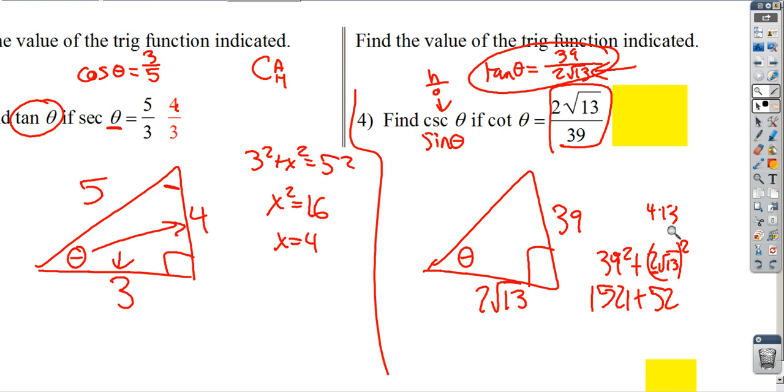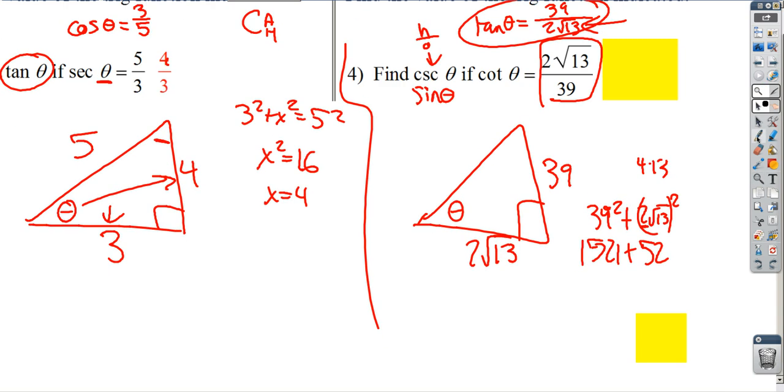Let's see here. If we do this correctly, 1521 plus 52, this should be a perfect square. For some reason it's not coming out to be one, so let's keep going, maybe we'll discover if there's a mistake somewhere. So that is going to be equal to the hypotenuse squared. So if you square root that, square root of 1573 is what the hypotenuse is.